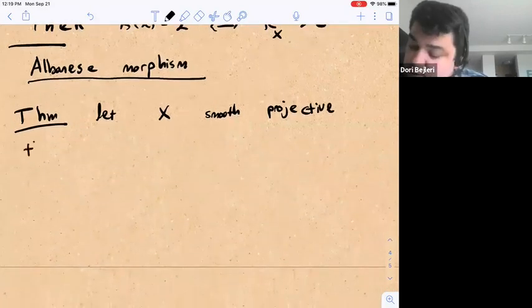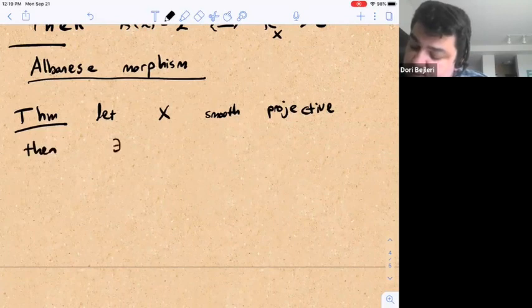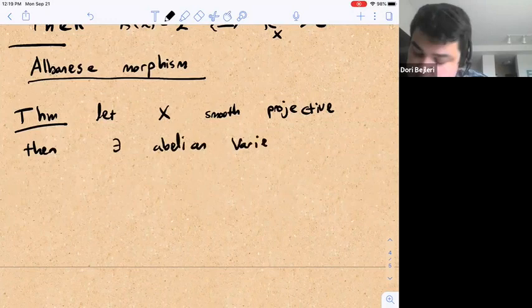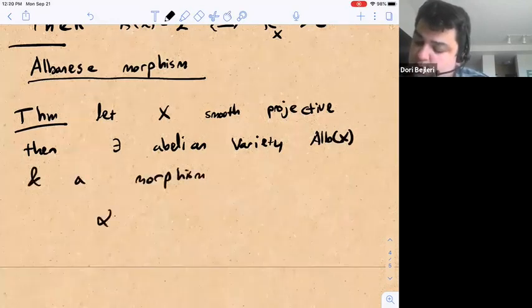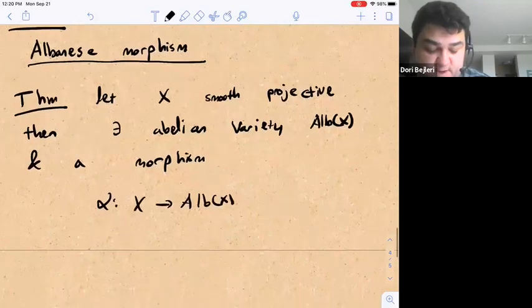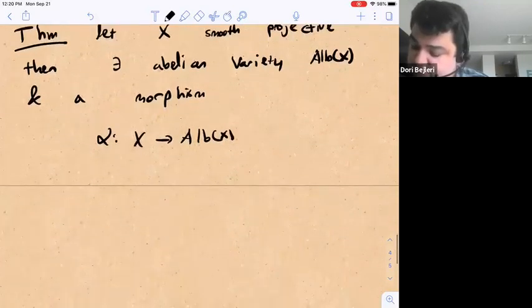Then there exists an abelian variety Alb of X, the Albanese variety, and a morphism alpha from X to Alb of X, satisfying a certain universal property.